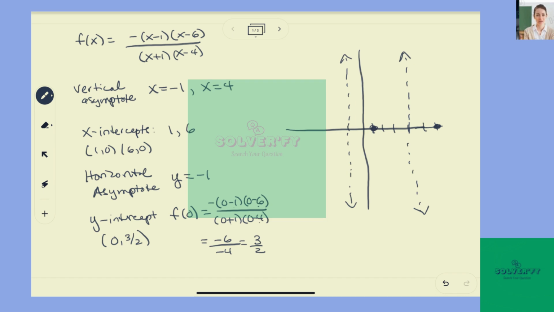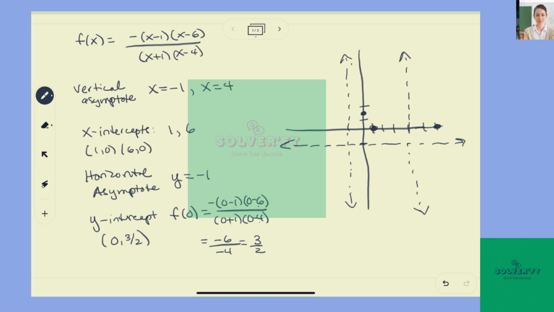My y-intercept is at 1.5. So my horizontal asymptote is at -1. I always like putting the asymptotes up fairly quickly just because it gives you a graph grid to follow.